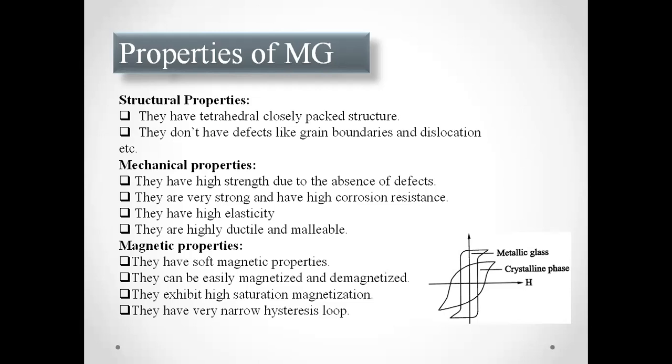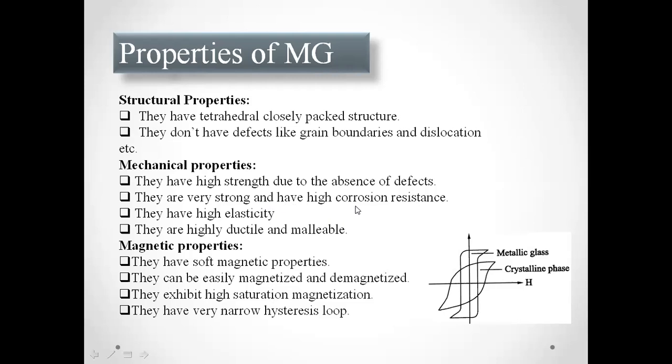Okay, how are these metallic glasses better in mechanical properties? They have high strength. Okay, mechanically strong, because they don't have grain boundaries and defects. That will strengthen their mechanical property, and they have very high corrosion resistance. This is one of the major problems in the industries where metals are used.